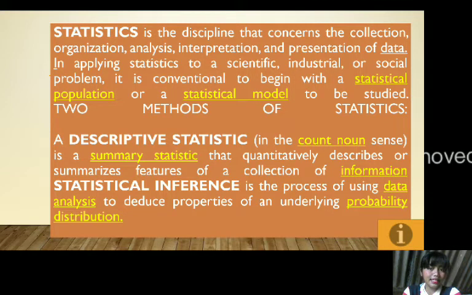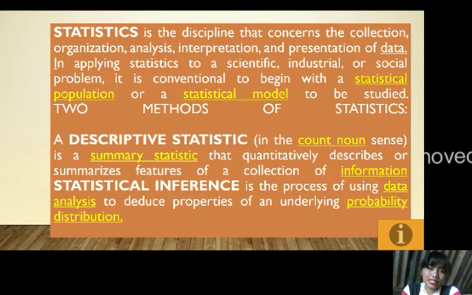In applying statistics to a scientific, industrial, or social problem, it is conventional to begin with a statistical population or a statistical model to be studied. There are two methods of statistics: descriptive statistics and statistical inference.